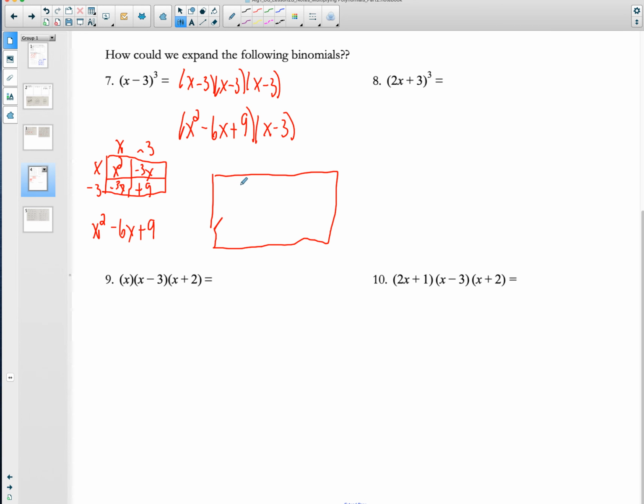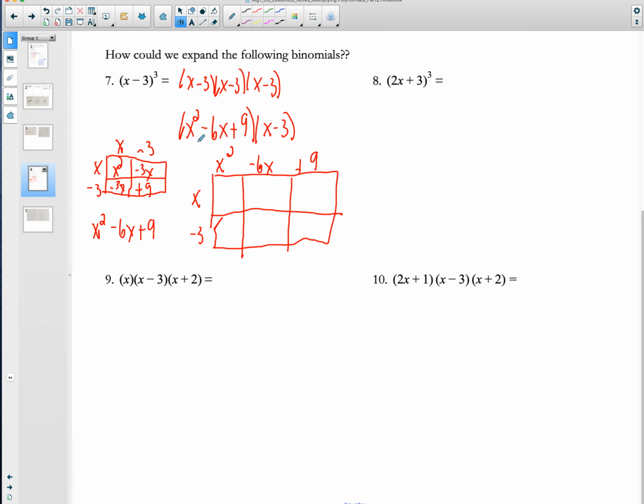And so now we have to do our 2 by 3 grid here. We'll have our x minus 3 here, and we'll have our x squared minus 6x and our plus 9 here. And then it's just like what we are doing.